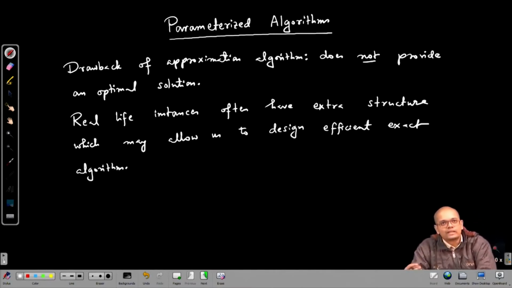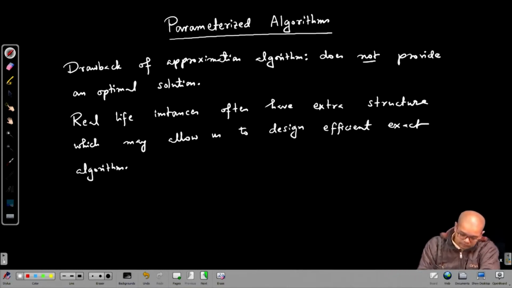Now, with this goal in mind, this framework of parameterized algorithm, sort of to model this extra structure or extra information, the input consists of two parts. One is the n, which is the length of the input, and another is the parameter.